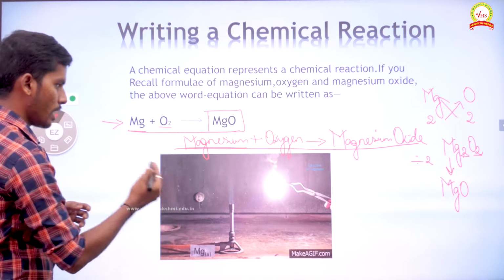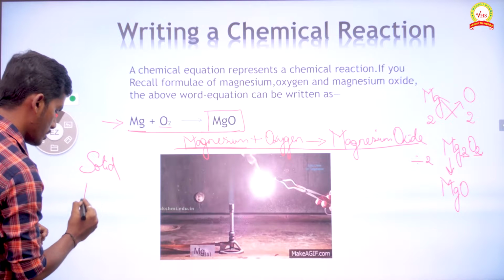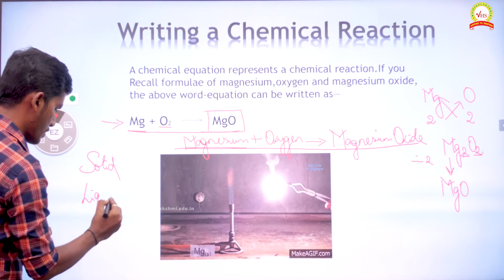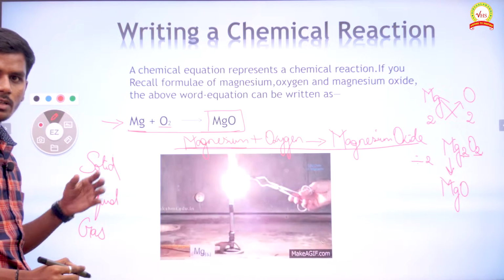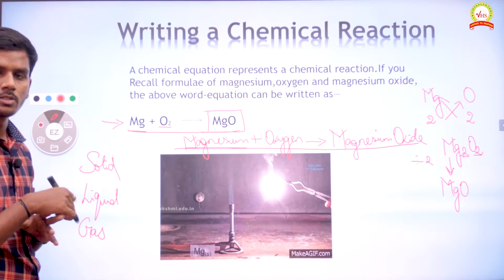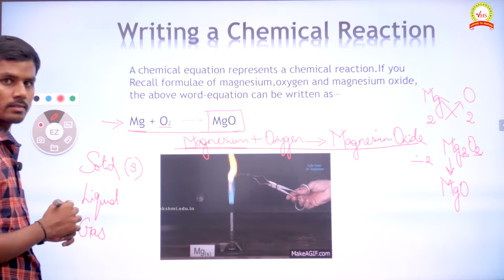The states in which the atoms exist are solid, liquid, and then gas. You know all this, right? So, to represent if that substance is in solid state, we could use S as the symbol.